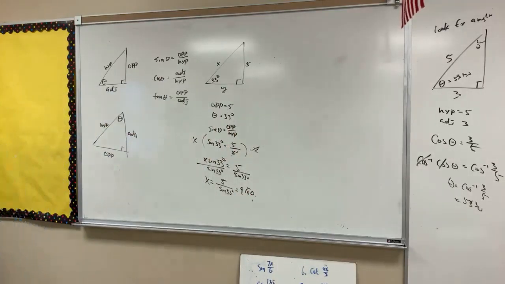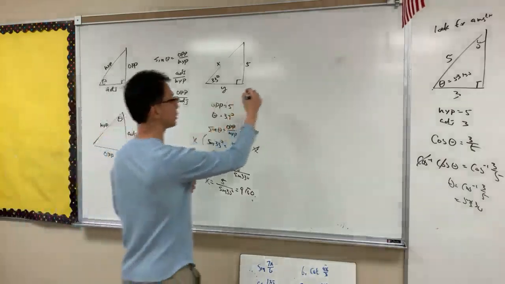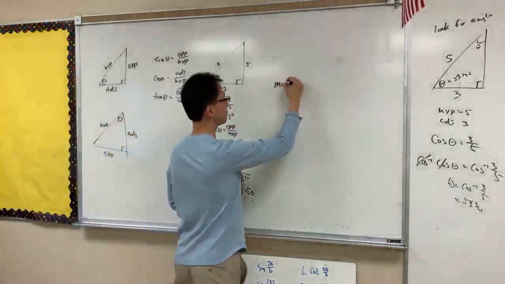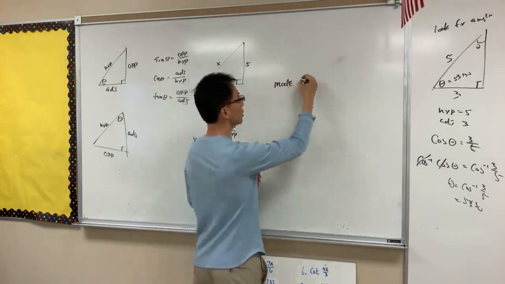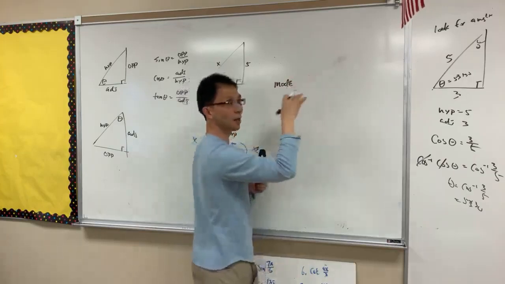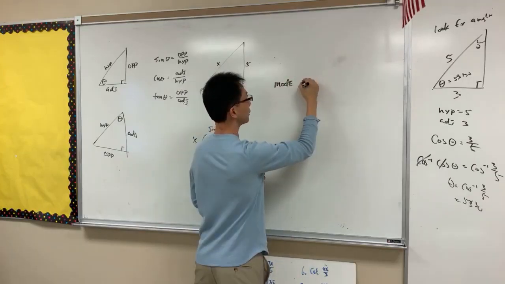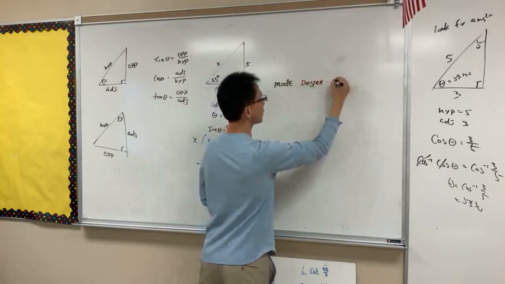Now, some of your calculators might not get the same thing. How do you get 33 degrees on the calculator? Just type in 33. If you use my yellow one, you have to change the mode. Click on the mode button, change the measurement of angle to degree, and press enter.